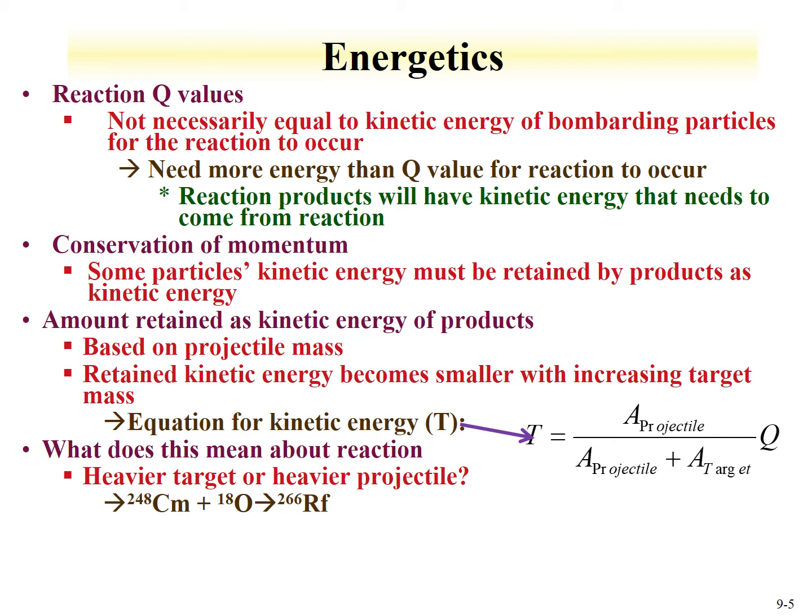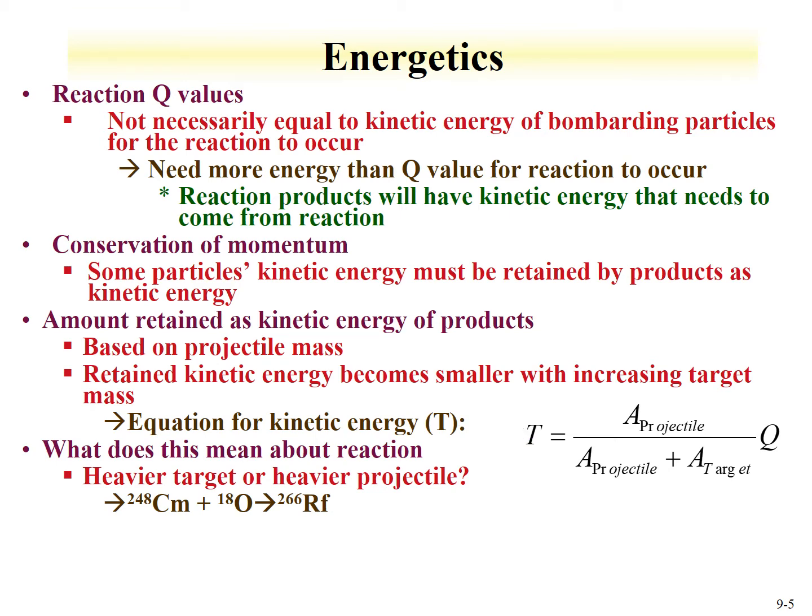We'll see this is eventually going to come into something called the threshold energy. Now let's think about what this means for a reaction where I'm making a compound nucleus. Let's make this a relatively straightforward reaction: curium plus oxygen-18 going to rutherfordium-266. What does this mean if I either accelerate oxygen into a curium target or curium into an oxygen target?